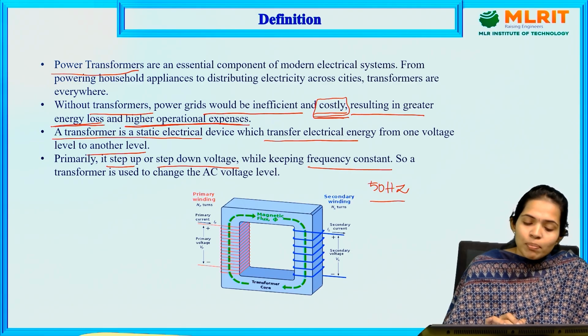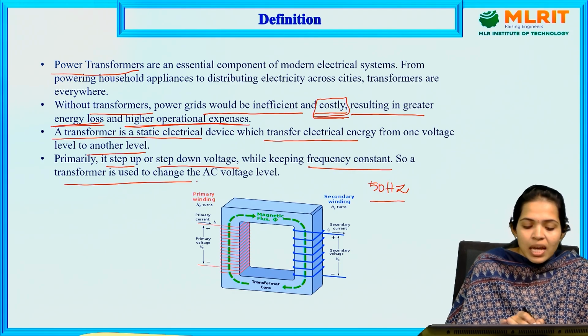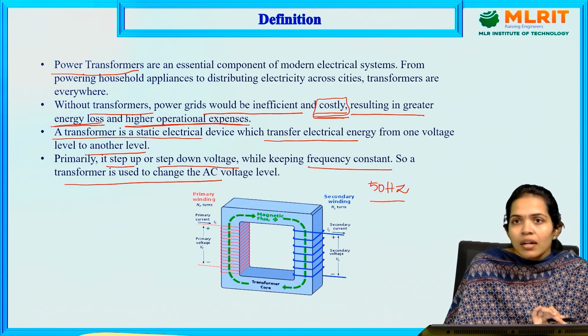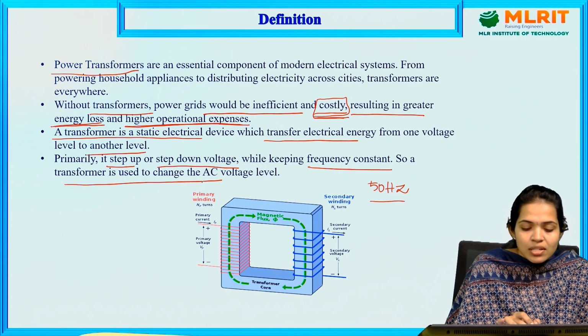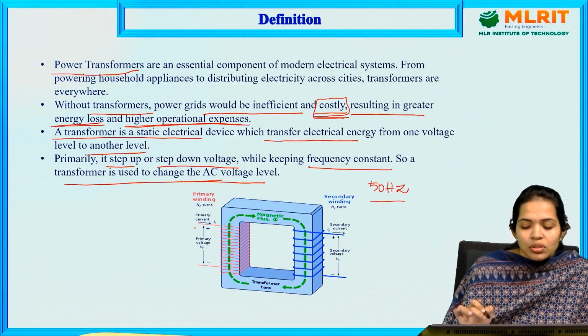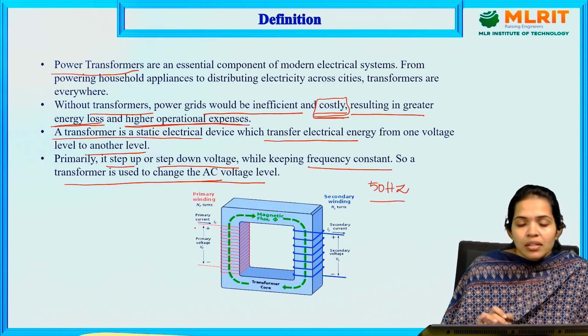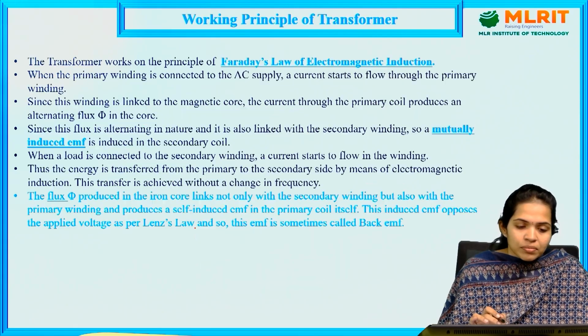As the primary supply given to the transformer is the AC supply, it is basically an alternating quantity device. This change in AC voltage level from the primary circuit to the secondary circuit will be discussed in detail in the working principle of the transformer.